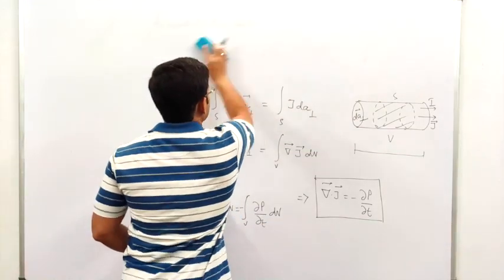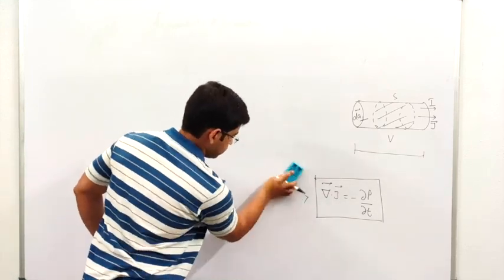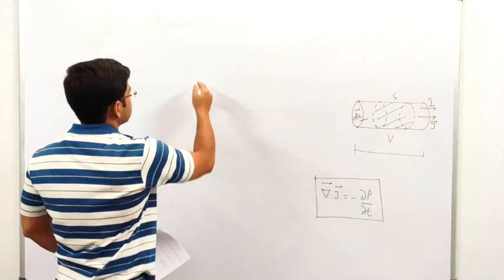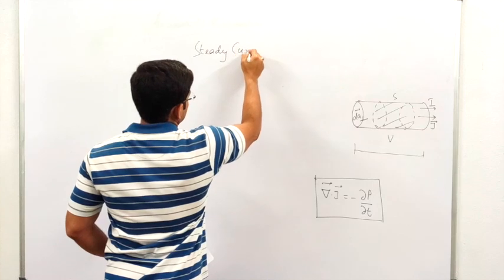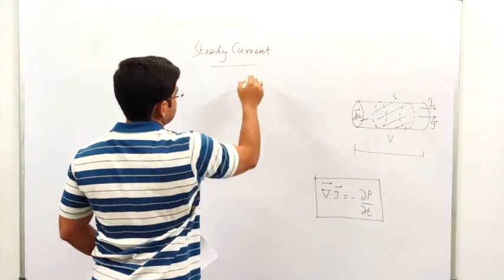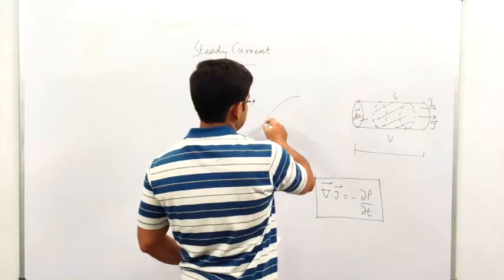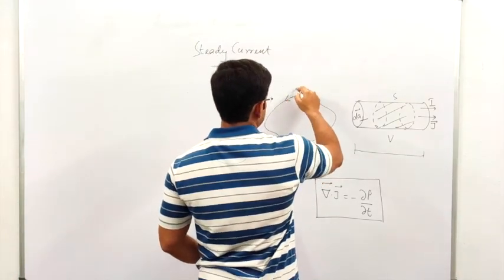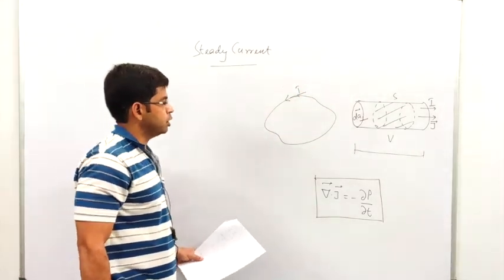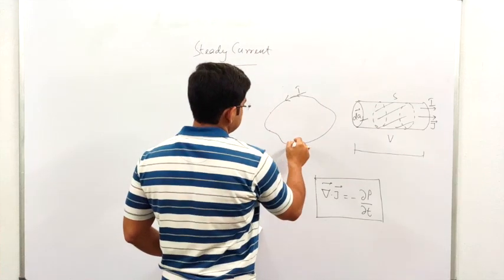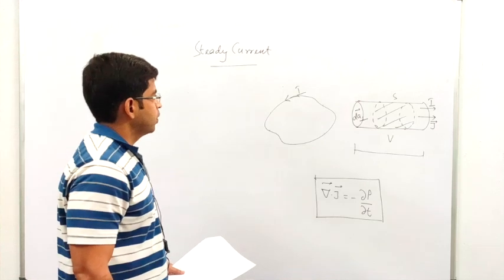Now, what do we mean by steady current? By steady current, we mean that suppose a current I is flowing in a closed circuit, then the current I will remain constant at each point on the circuit and also at any time.